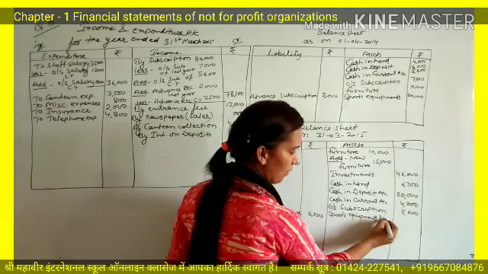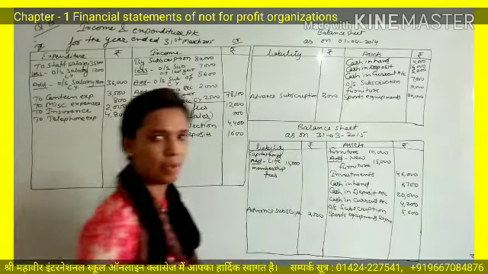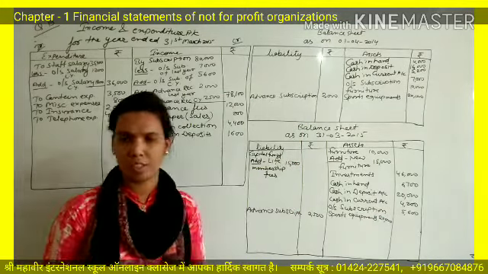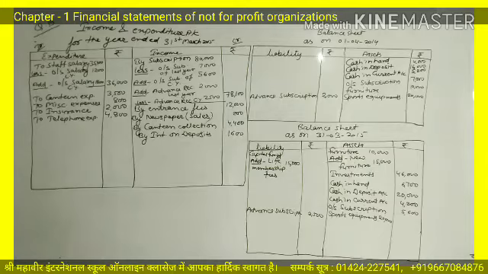I am writing the sports equipments amount in the inner column because there was a depreciation also on this amount. Now the last information is here: depreciate furniture by 20% and sports equipments by 30%. We have to put the depreciation on furniture at 20%.